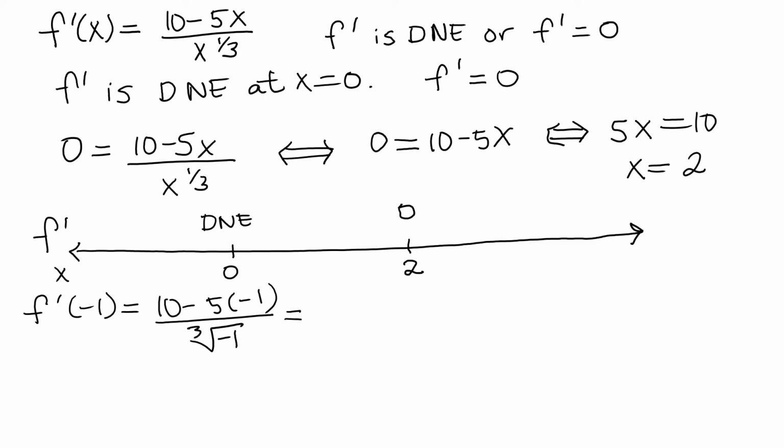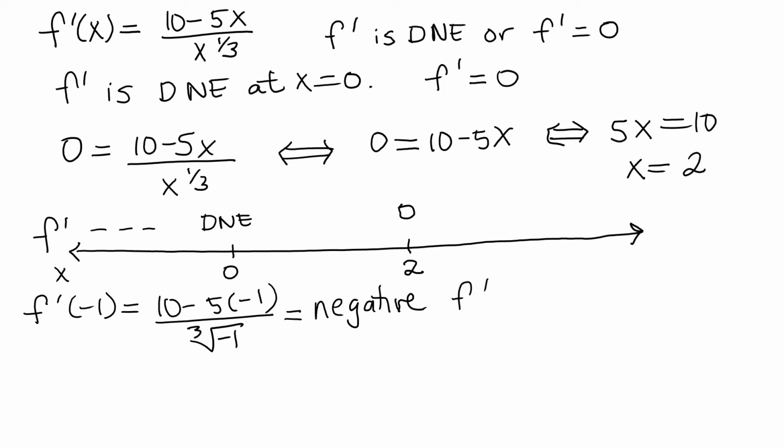And you see 10 minus 5 times -1 would be 10 plus 5. You got a positive over a negative. So the sign of the derivative in that region is negative.